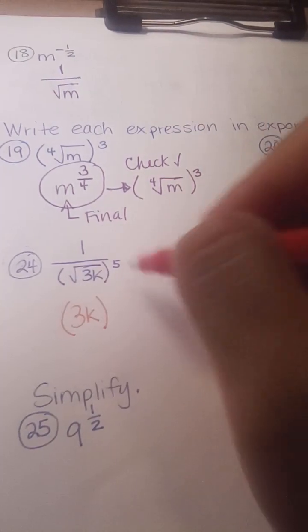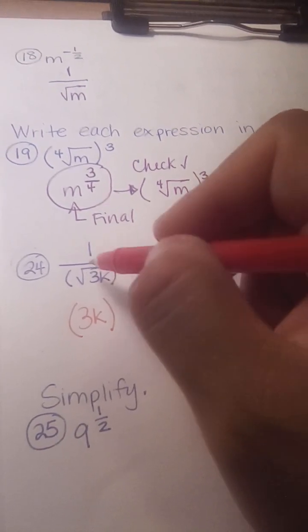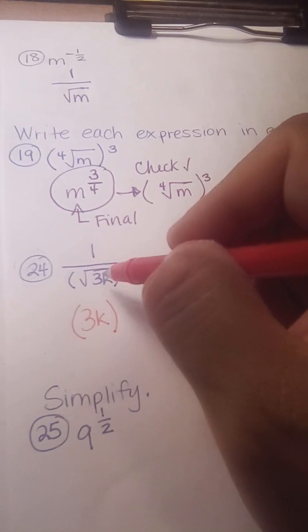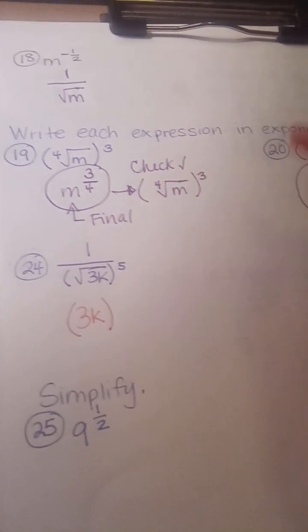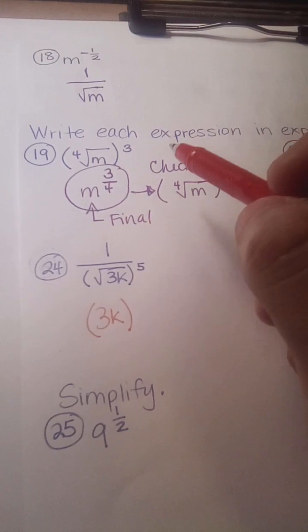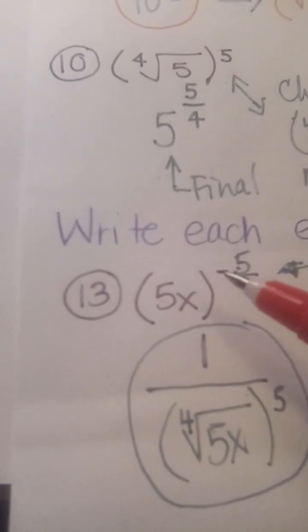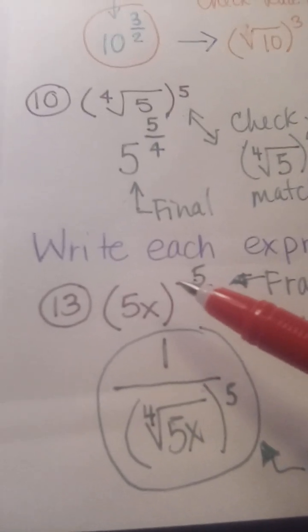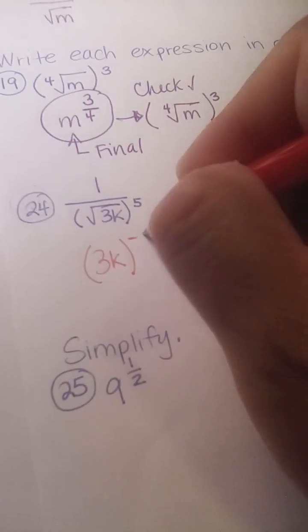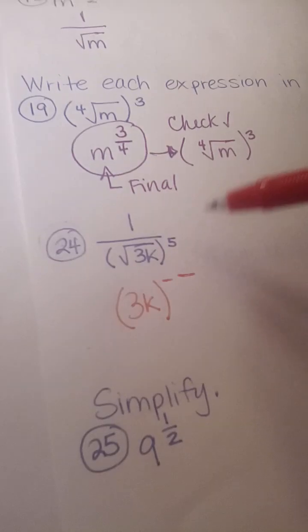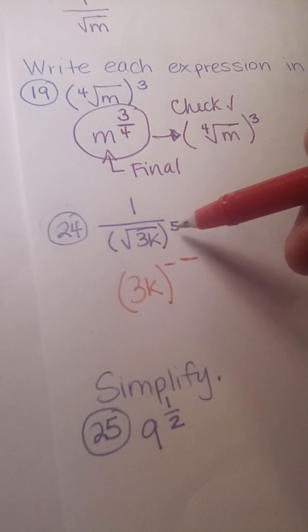All right, now since this is a fraction, is the power negative or positive? Think about it from the previous problem. Remember this? What do we see here? The negative, right? So we're going to put a negative exponent. Now which one is the numerator? The 5 or the 2?